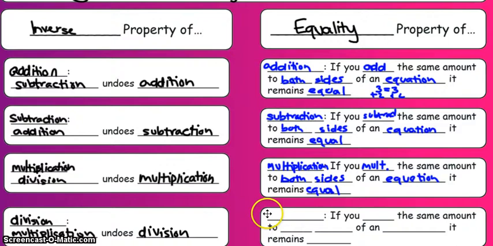And then we have division. If you divide the same amount from both sides of an equation, it remains equal. So pretty much whatever you do to one side, you have to do to the other side to make sure it's still equal. Okay?